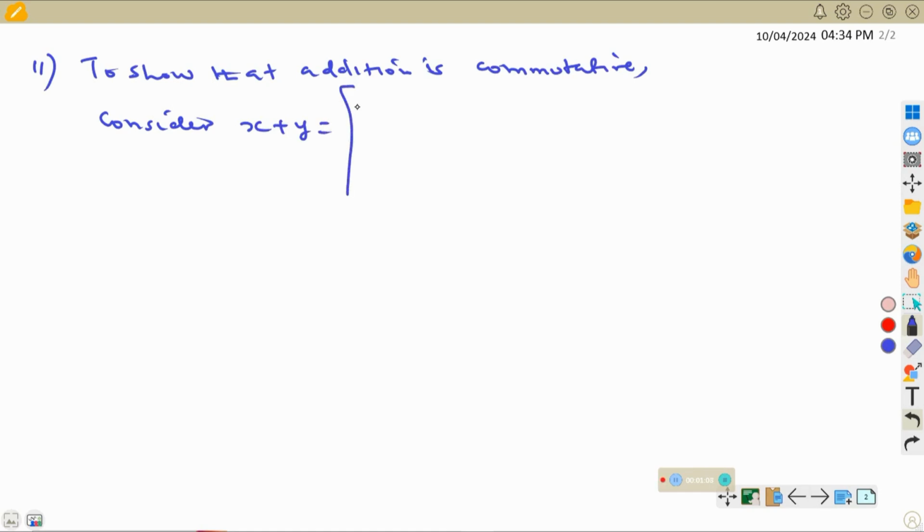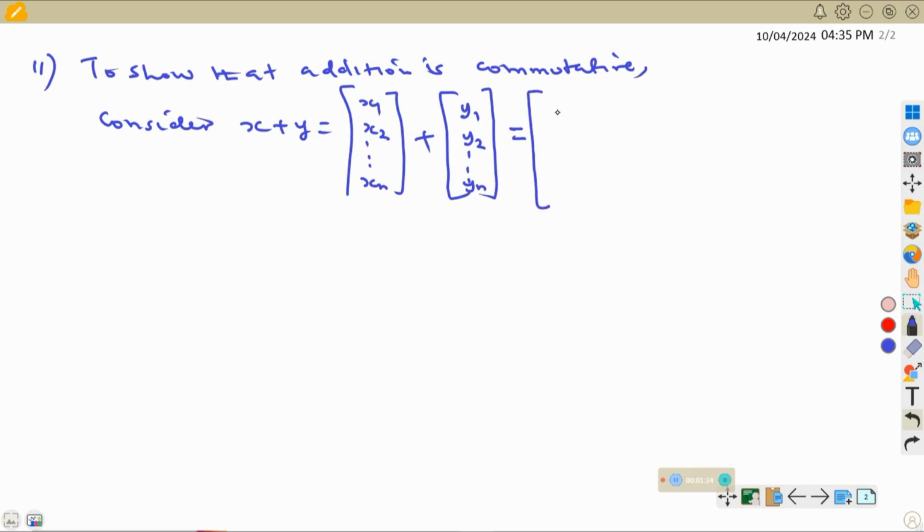Remember, our x is x1, x2 up to xn, and we are adding y1, y2 up to yn. So using the definition of addition, you need to add the corresponding elements. So we shall add x1 with y1, that is x1 plus y1, that is x2 plus y2, that is xn plus yn.